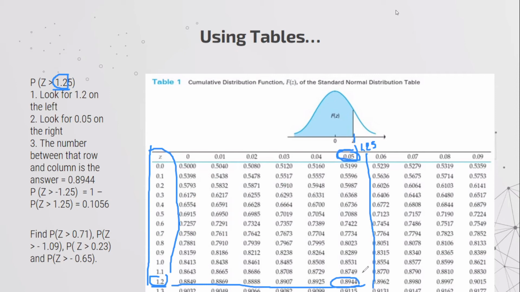And that area is always between 0 and 1. And just for a quick exercise, can you find all those numbers here, for example? What's the probability of having z being more than 0.71?